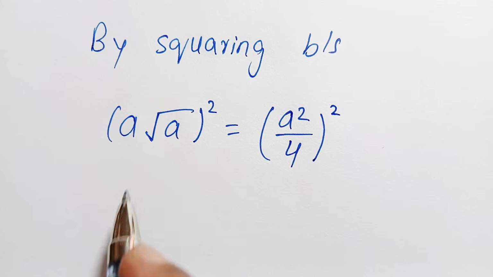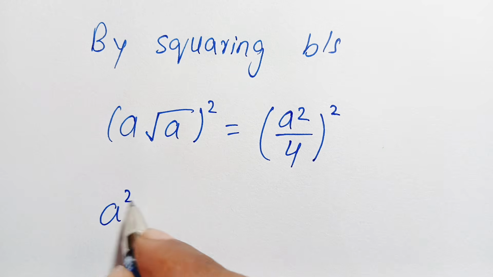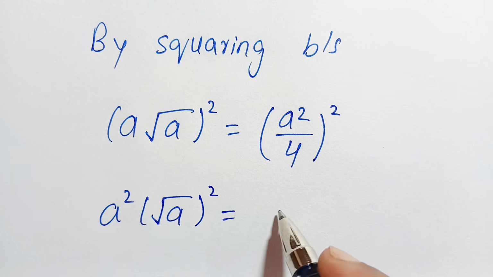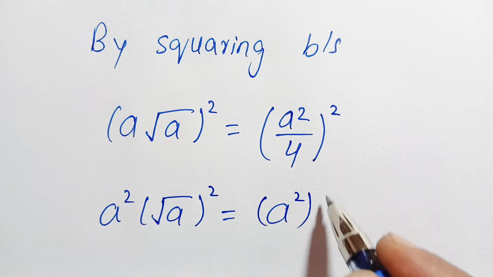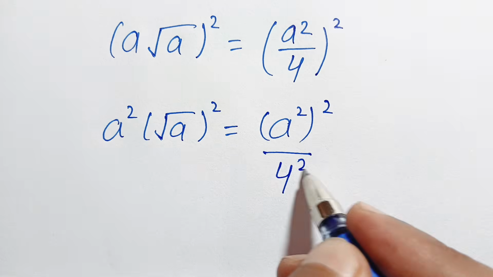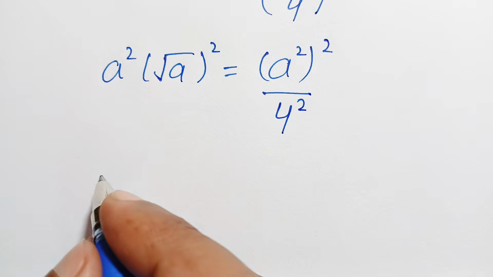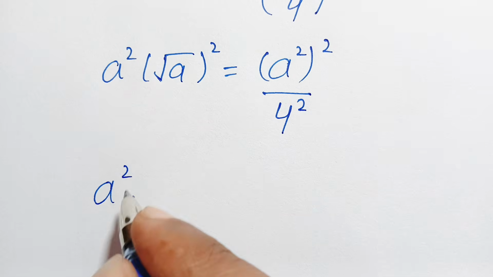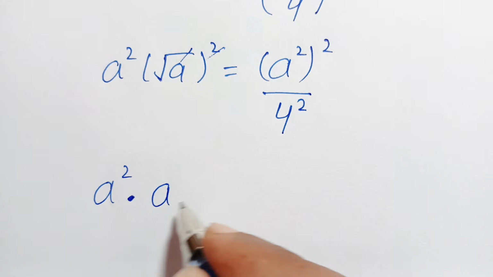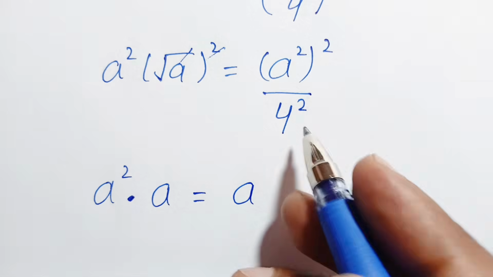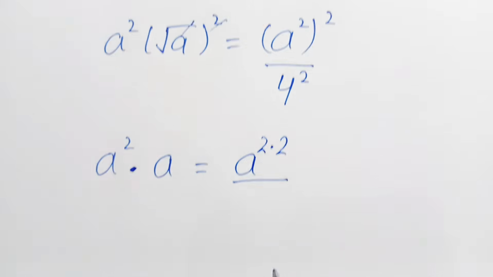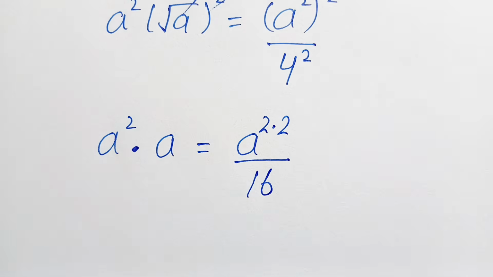So this becomes a square into (square root a) whole squared, and this becomes (a square) whole squared divided by 4 square. Now the square root and square cancel, and this becomes a equal to a to the power 4 by 4 square, which is 16.